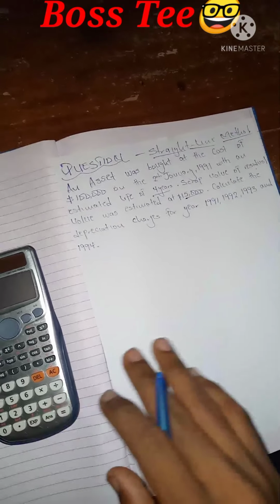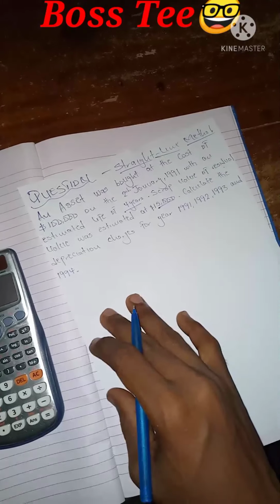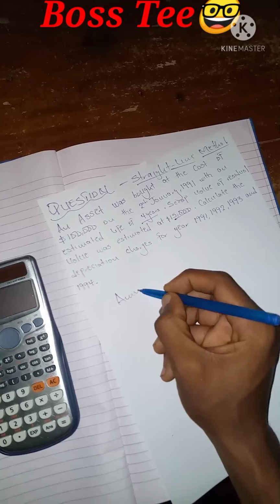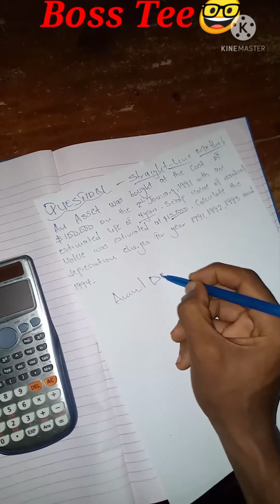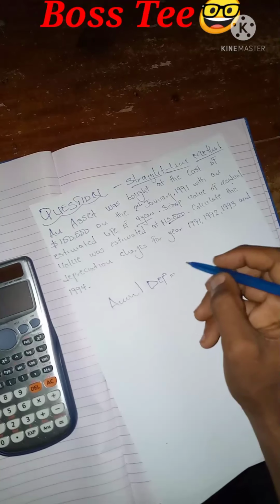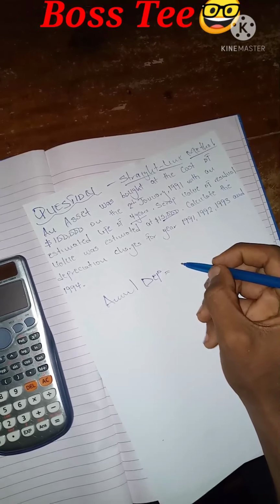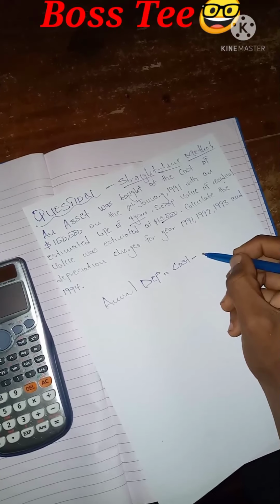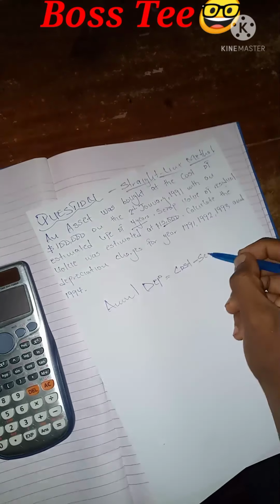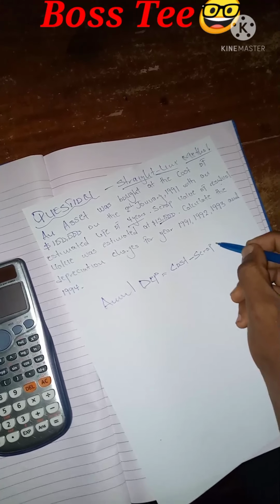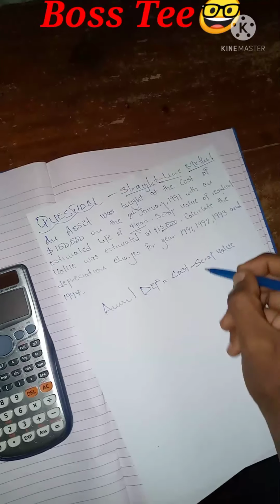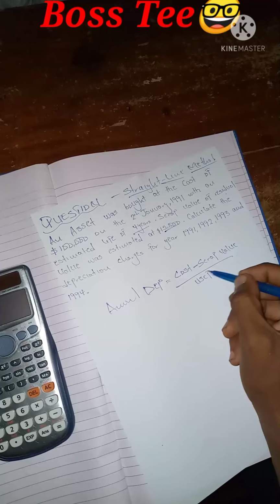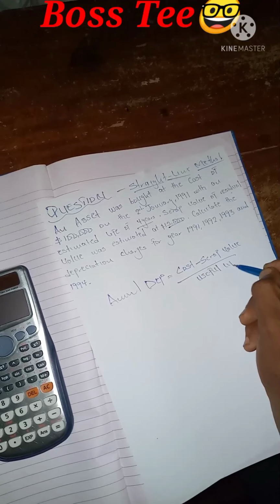So what are we to do? Using the straight line method, we first try to ascertain the annual depreciation. And annual depreciation for the straight line method is calculated by considering the cost of the asset subtracted by the scrap value or residual value, divided by the useful life, the period that it will be useful for.